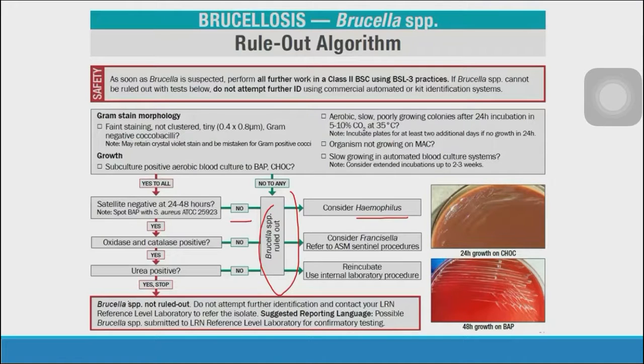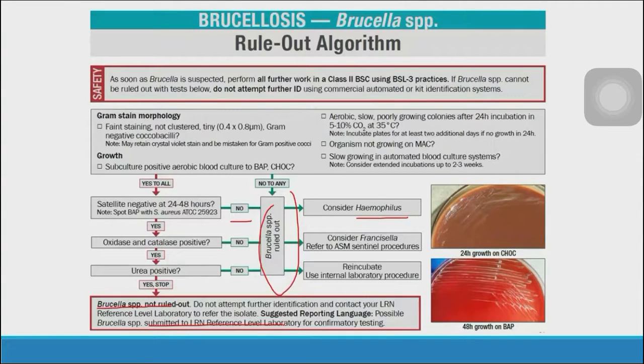Okay, so again, ang interpretation doon, hindi agad confirm Brucella, because again, the main purpose of the satellite laboratories is to recognize, rule out, and then refer. So ang gagawin niya lang, i-rule out, but ang di niya gagawin is to confirm. So, ang gagawin niya, submit lang to the LRN reference laboratory for confirmatory testing.